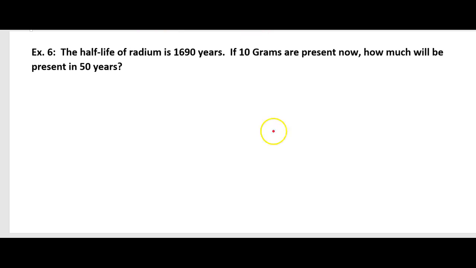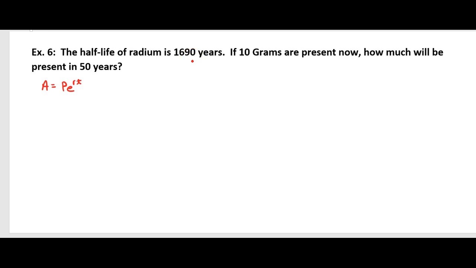Now this last problem, the half-life problem. With half-life, anytime you have a half-life problem, you're going to use A equals P times e to the rt. So when we look at this here, it says the half-life of radium is 1,690 years.